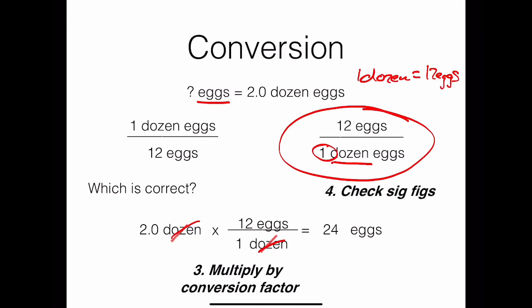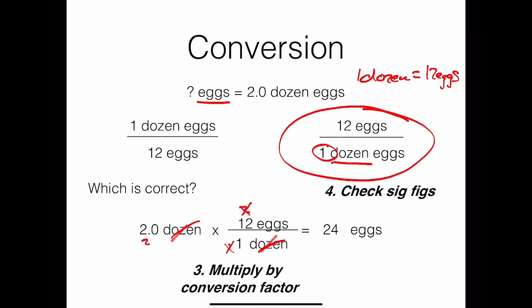Our last step is to check sig figs. So how many sig figs are in this problem? We can see that we have maybe 2 here and 1 here and 2 here. However, we do have to remember that the sig figs in a conversion factor don't matter, because remember, they are considered to be exact numbers followed by an infinite number of sig figs.